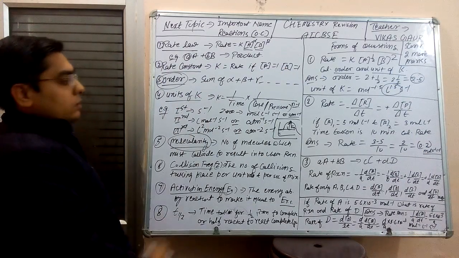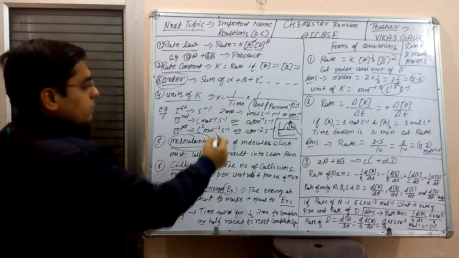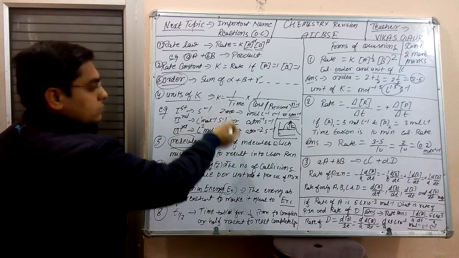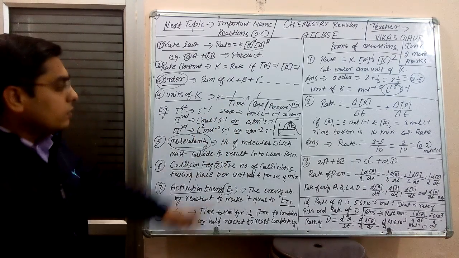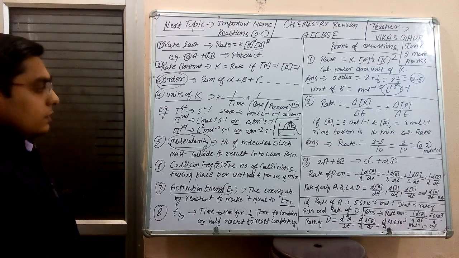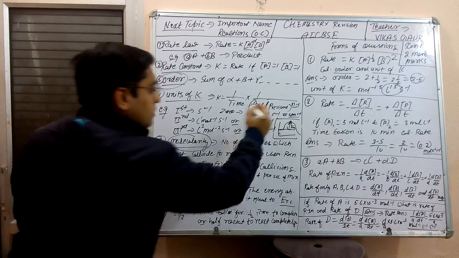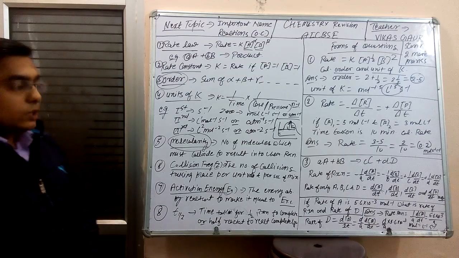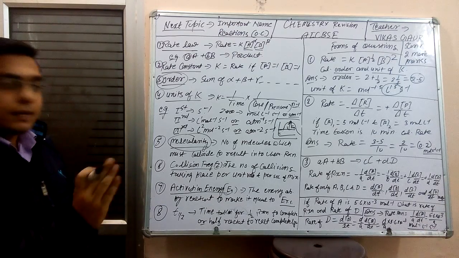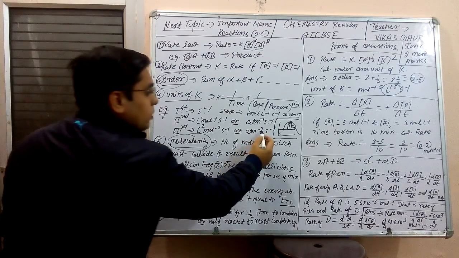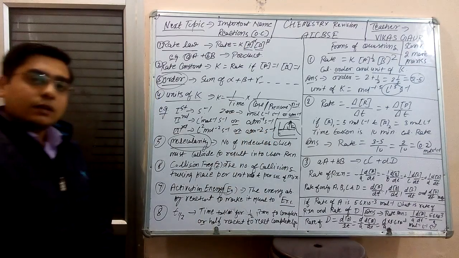For example, in this case 1.5 plus 1, 2.5. Here 1 plus 1 is equal to 2. And if given in atmosphere, then the answer will be add 1 to the power of atmosphere and remove its negative sign. For example, 2 plus 1 is equal to 3 and remove the negative sign.